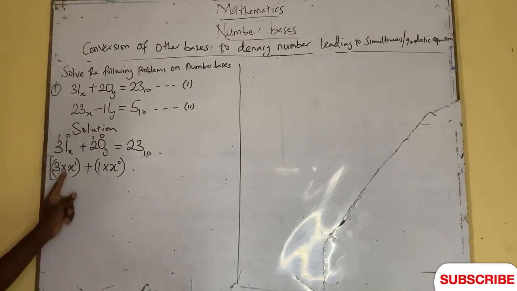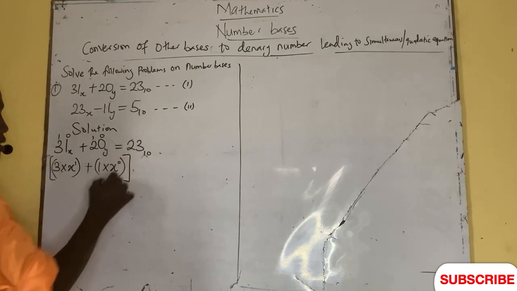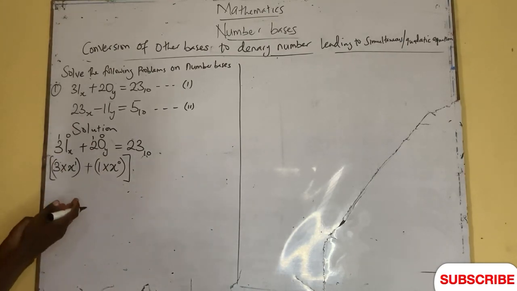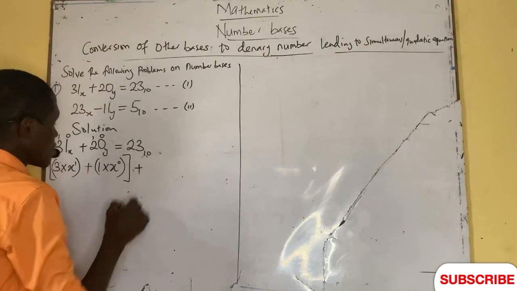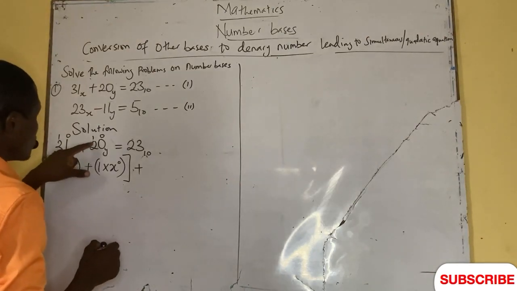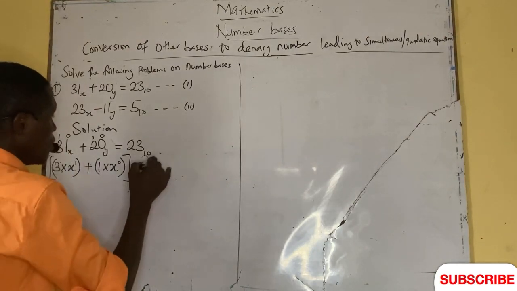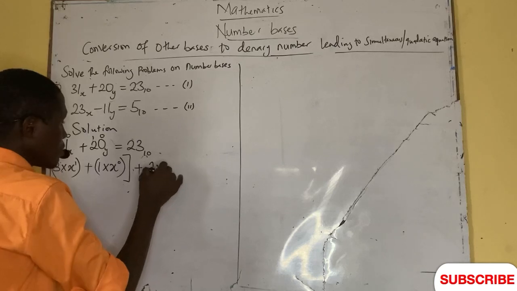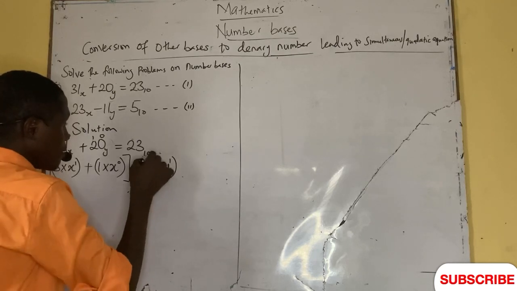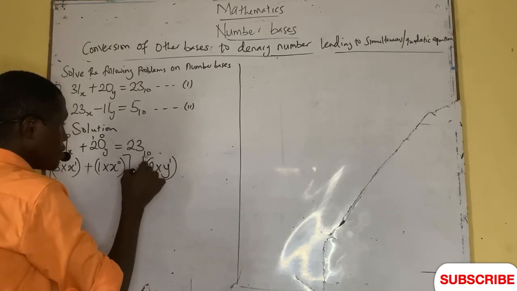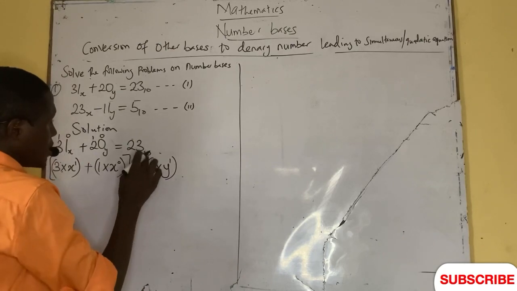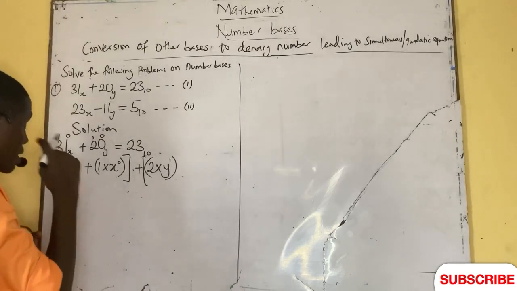Now, since we are done with this, you put it in a square bracket. Plus, now look at this. We have 2 times y raised to the power 1 here, bracket close. Then introduce the big bracket, which is the square bracket.